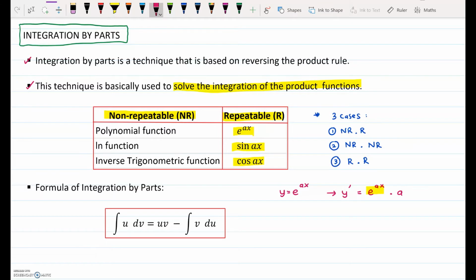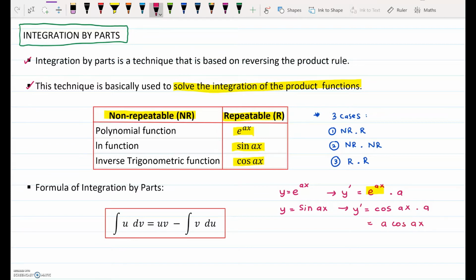Secondly, if y is sine ax, when you differentiate, your first derivative y prime is cos ax times a.